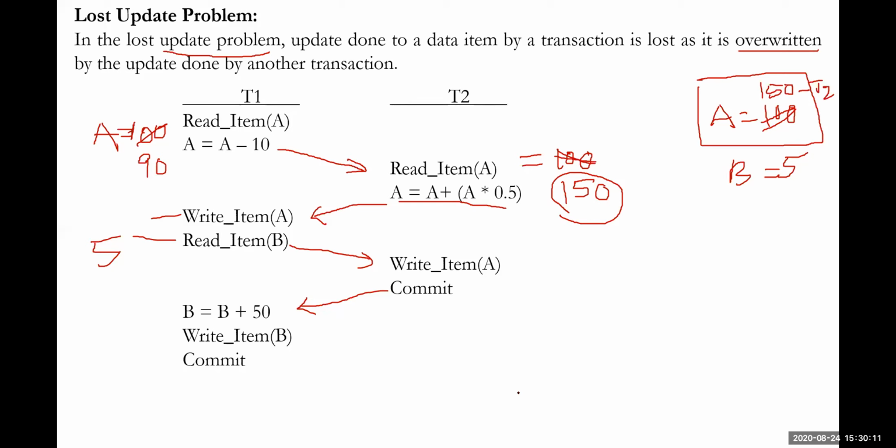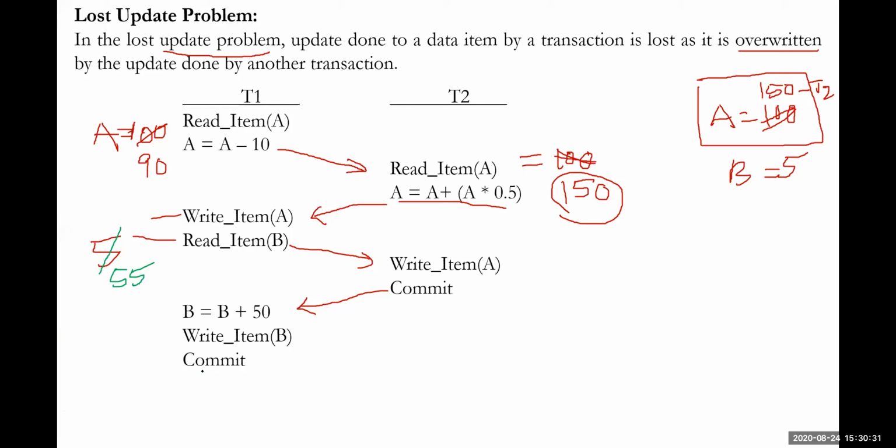Now transaction T2 is completed. Come back to this area. B will be equal to B plus 50, which is modified to 50 plus 5, that is 55. Afterwards, it is written.